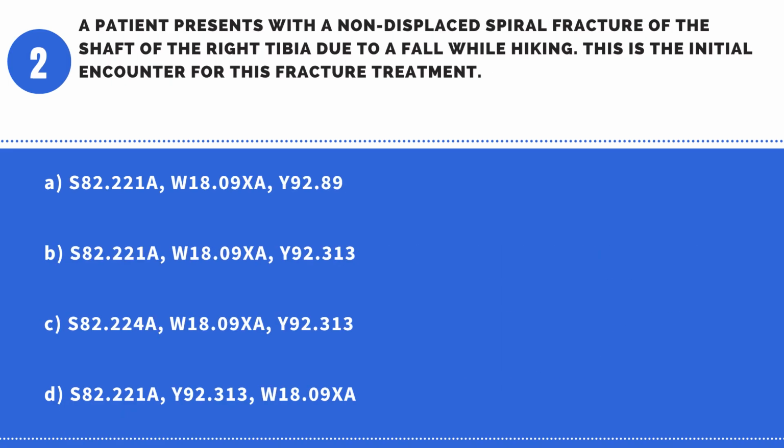Question 2. A patient presents with a non-displaced spiral fracture of the shaft of the right tibia due to a fall while hiking. This is the initial encounter for this fracture treatment. A. S82.221A, W18.09XA, Y92.89.